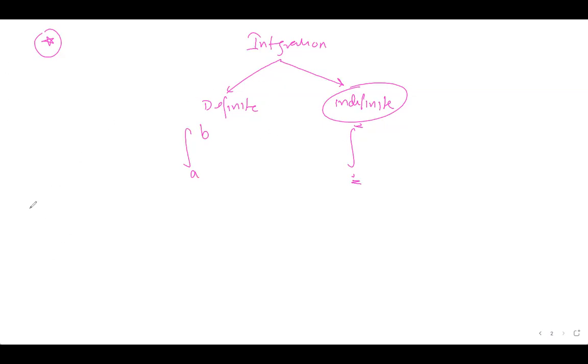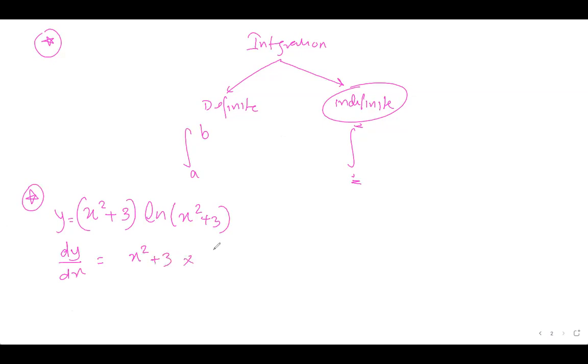Now I'll take one more example of the previous type that we did. Let's say you have (x squared plus 3) ln(x squared plus 3). First, they say find out the derivative of this. So dy by dx is going to be (x squared plus 3) into 1 upon (x squared plus 3) into 2x, plus ln(x squared plus 3) into 2x.